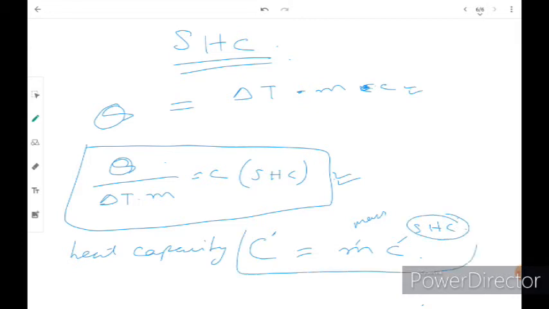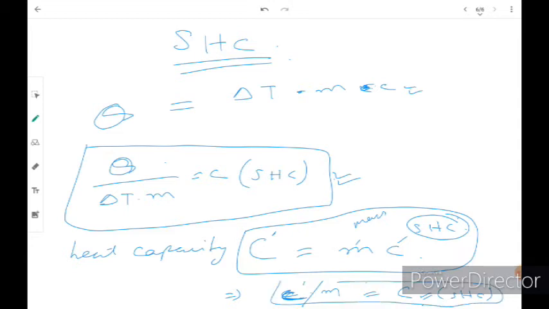From here we can also find the specific heat capacity as heat capacity divided by mass. So here we can understand the relation between these.